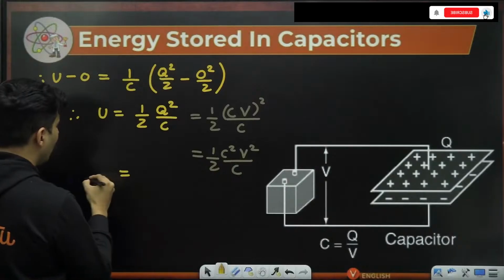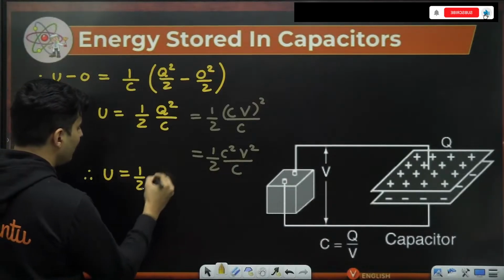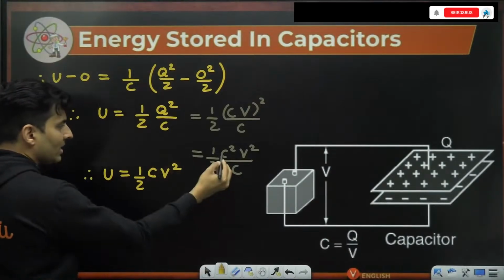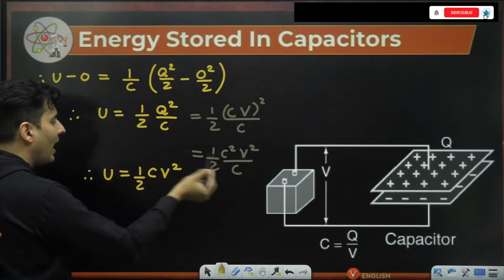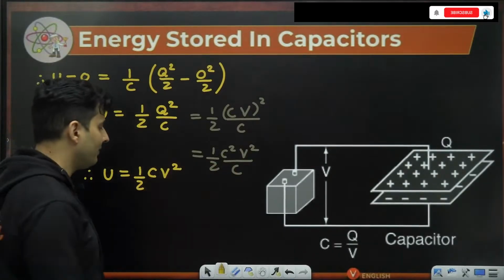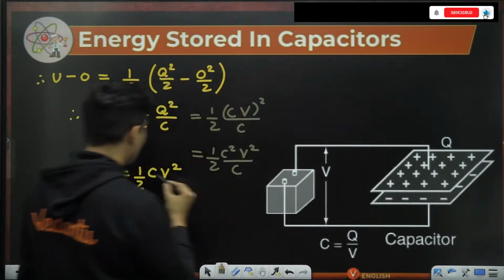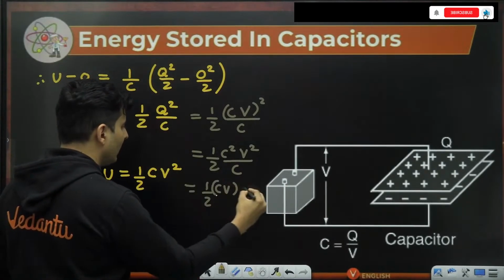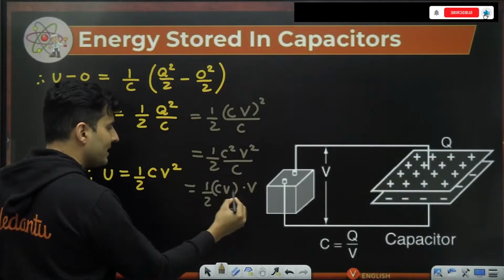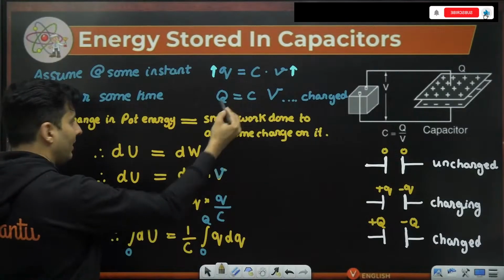So obviously I will get the energy as half C V square. So half Q square by C or half CV square, both of them are fine. I can also then write this down as half CV multiplied by V. What is CV? CV is nothing but the charge.